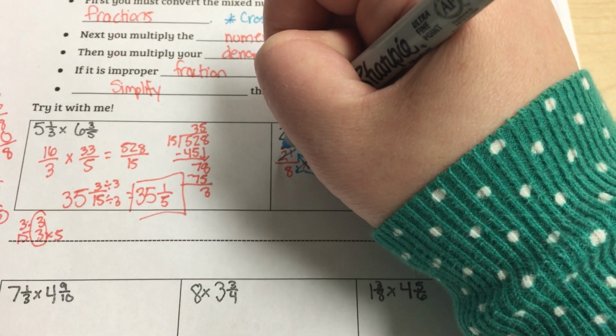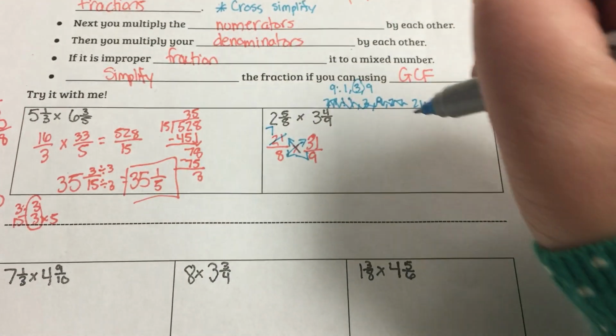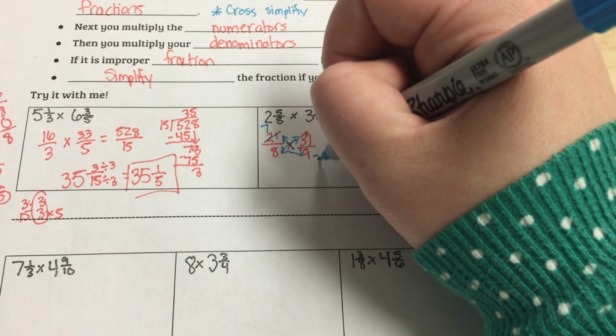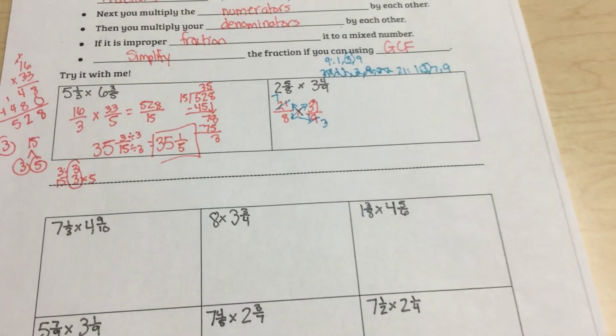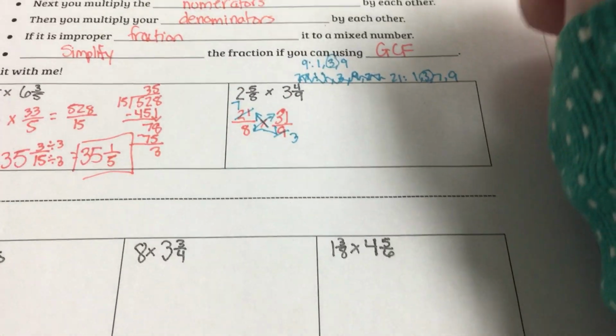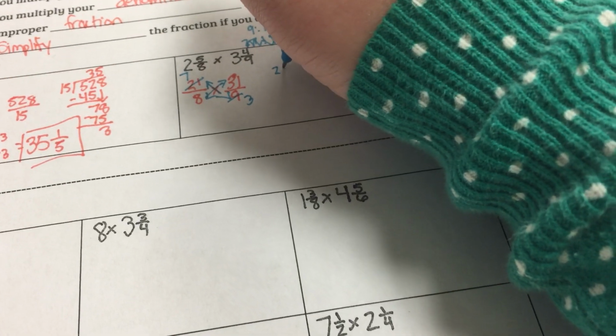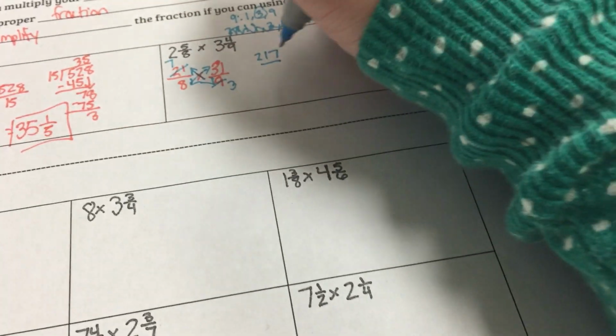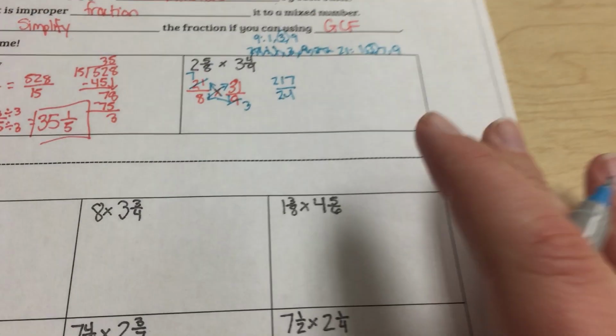So if I simplify this by 3, 21 divided by 3 is 7. 9 divided by 3 is 3. I can multiply and I'm going to work with much smaller numbers, which is going to be helpful for me later on. So assuming we did it this way, 7 times 31 is going to give me 217. 8 times 3 is going to give me 24.